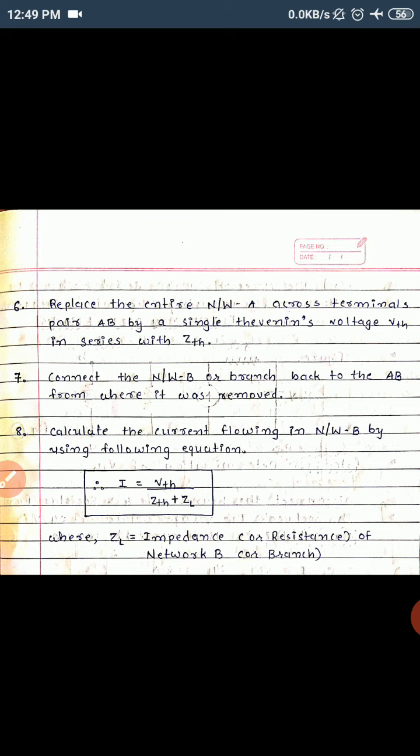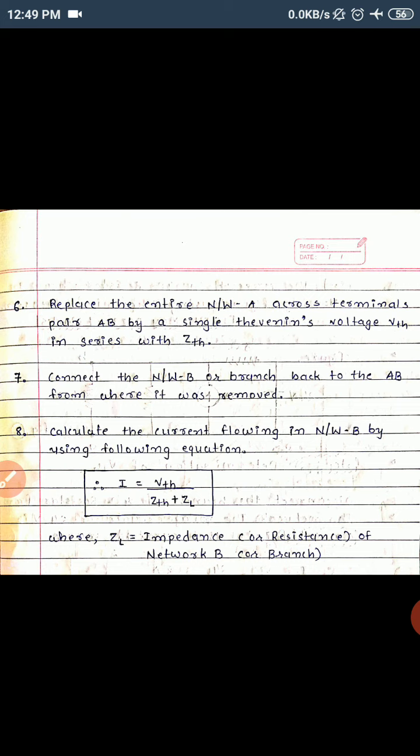So the current flowing to network B is the Thevenin voltage divided by the total impedance: the Thevenin impedance plus the impedance offered by network B, that is ZL, the impedance or resistance of network B or the branch.